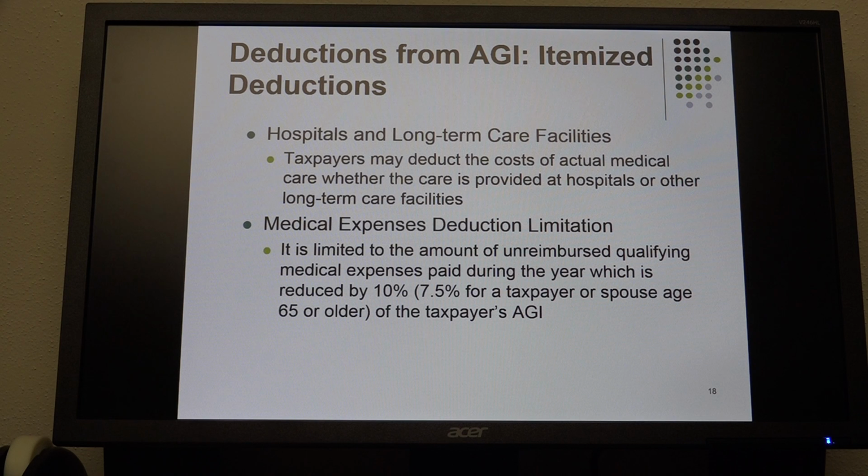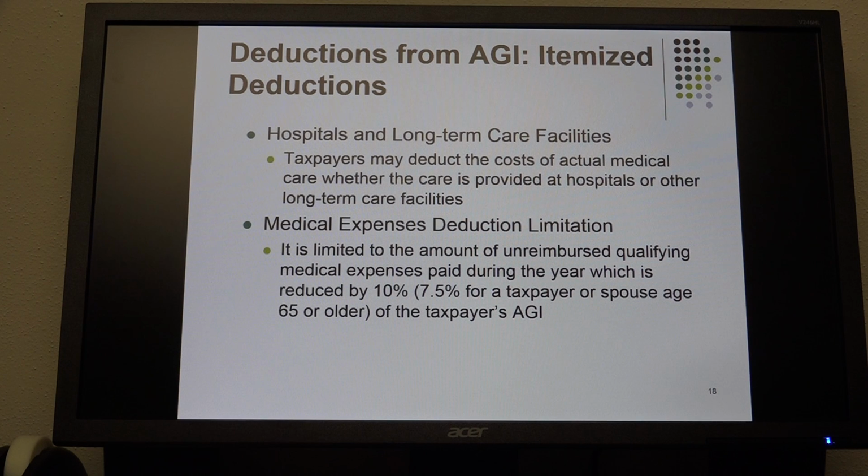Well, you've got to reduce that $50,000 by 10% of AGI, so that would be $7,500. And so you could only deduct $50,000 minus $7,500, or $42,500, as an itemized deduction for medical expenses.